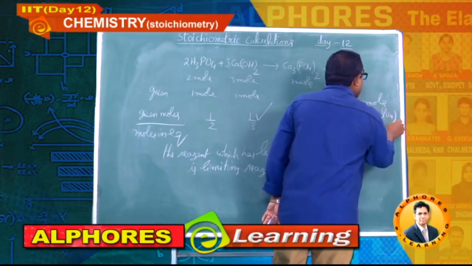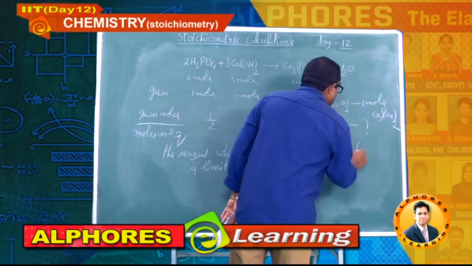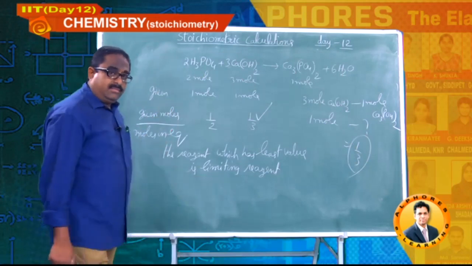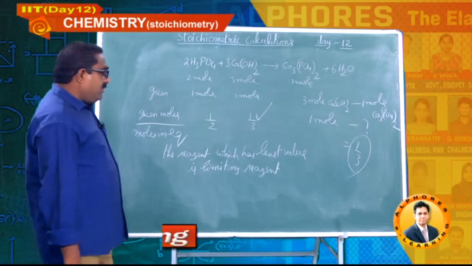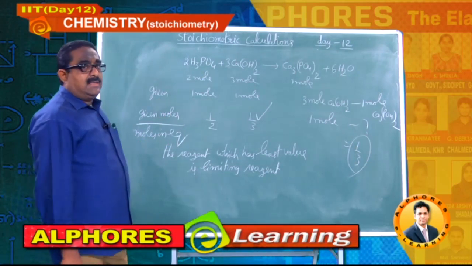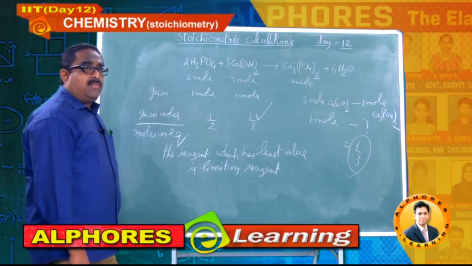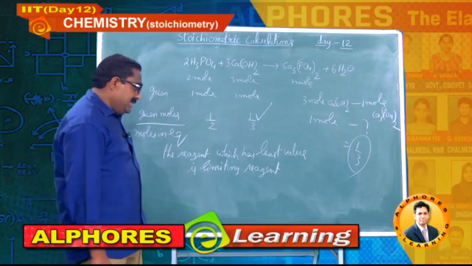I have written here, and only 1 mole he has given. So our answer is 1 by 3. Directly you can give the answer. In this way you can fix the limiting reagent, and immediately find the amount of product obtained based on that limiting reagent.